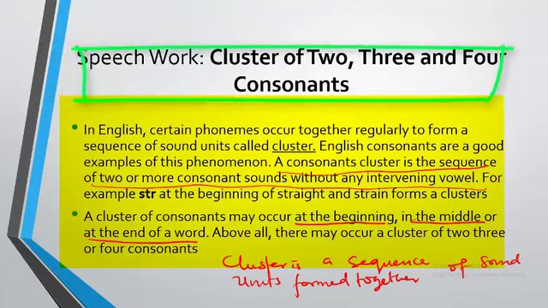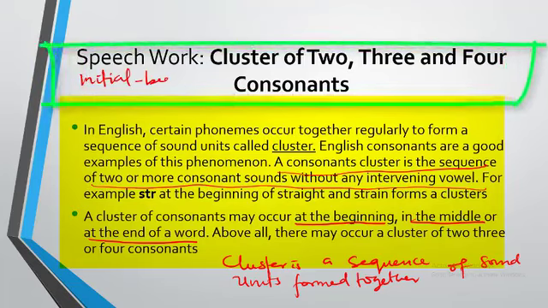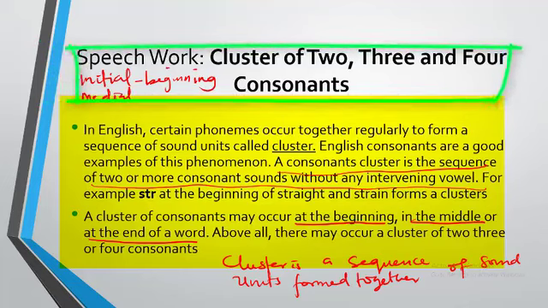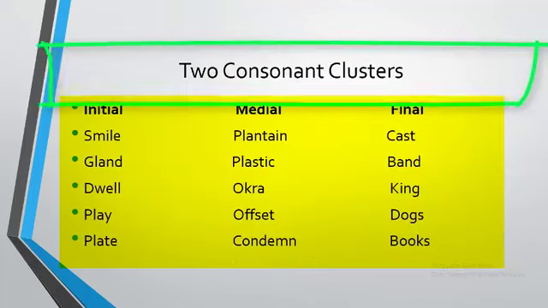Most times the initial position has to do with what? Beginning. In speech work we use initial, which is beginning, medial, which is middle, and final, which is your end. So let's look at those examples.